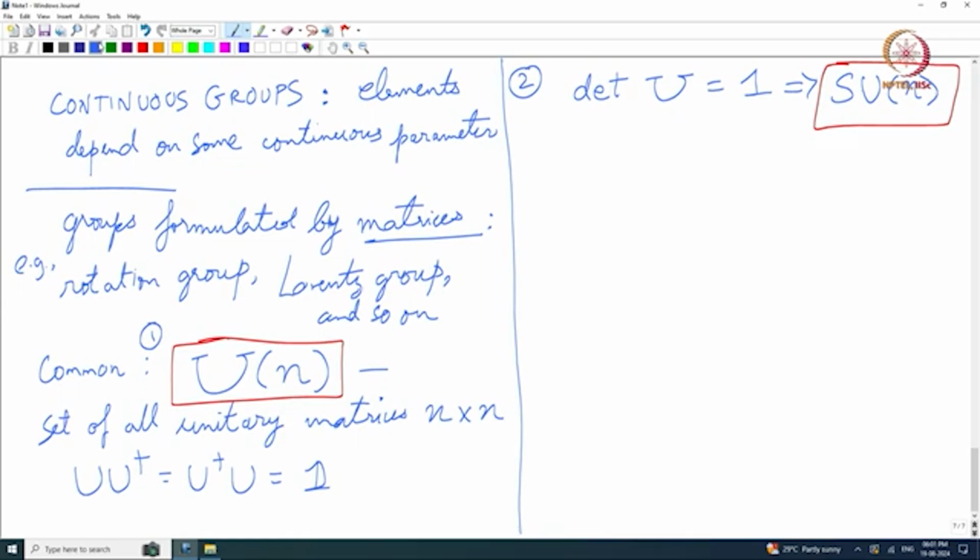Okay. Now, suppose the elements of U were real numbers, not complex numbers. Suppose it is a real unitary group. What is this called?